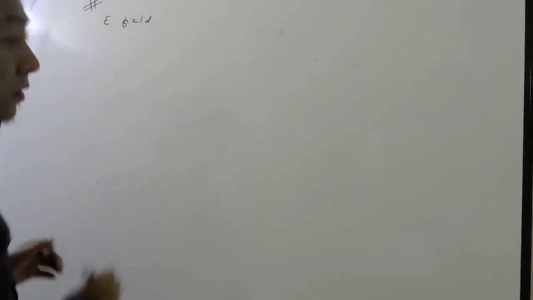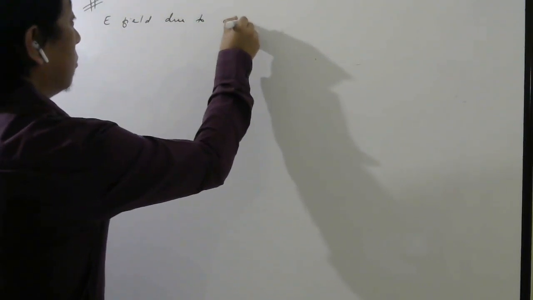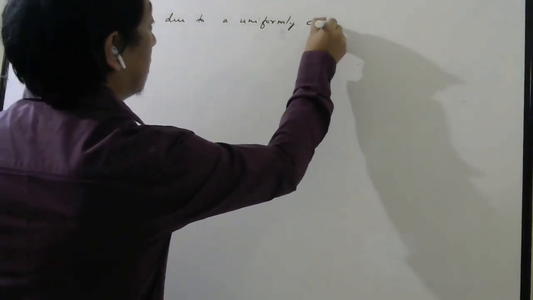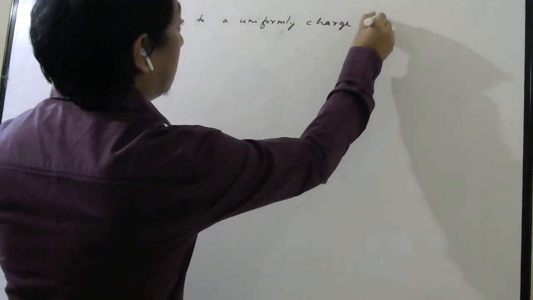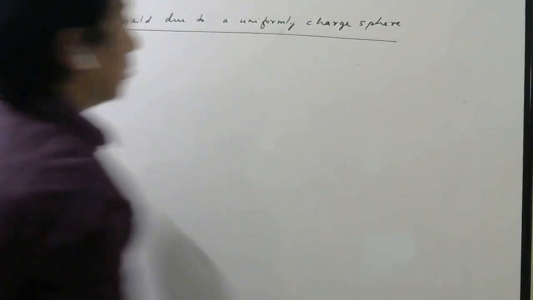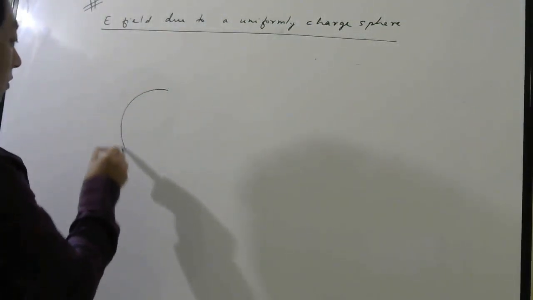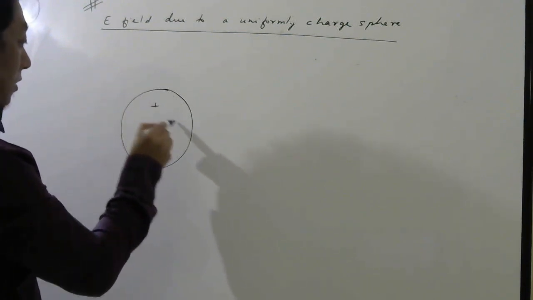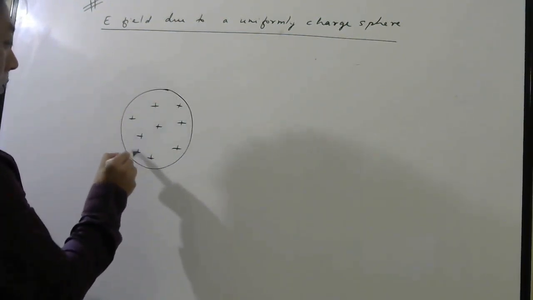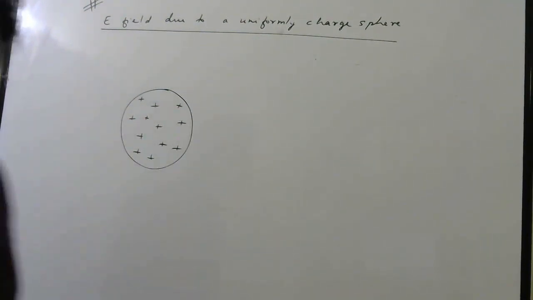Electric field due to a uniformly charged sphere. Electric field due to a uniformly charged sphere. Okay. So imagine I have a sphere which has charge everywhere, and it is uniformly charged.